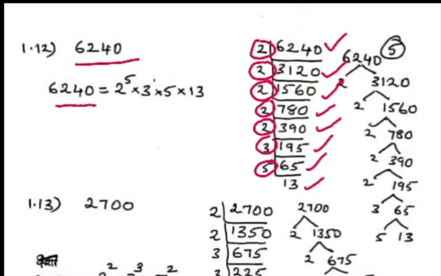So 6,240 can be expressed as 2 power 5 multiplied by 3 multiplied by 5 multiplied by 13.